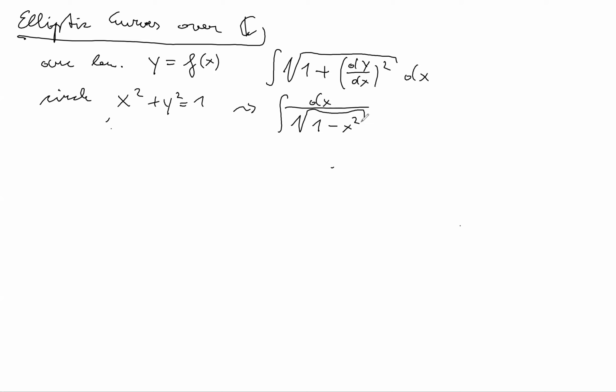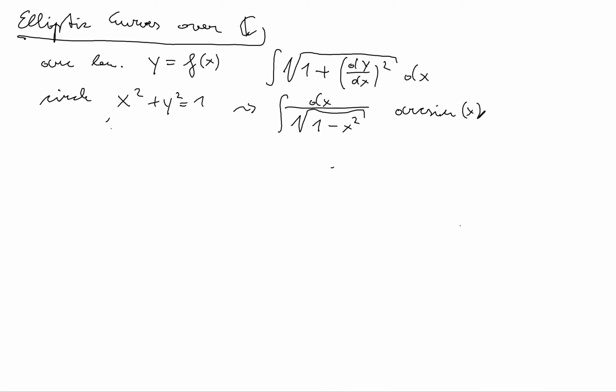Depending on how you choose your integration borders, this will be an arc sine. Maybe if you shift your integration borders, it will be an arc cosine, but it doesn't matter, it's just up to a constant. So if you look at the arc lengths of circles, what it leads to is inverse trigonometric functions.